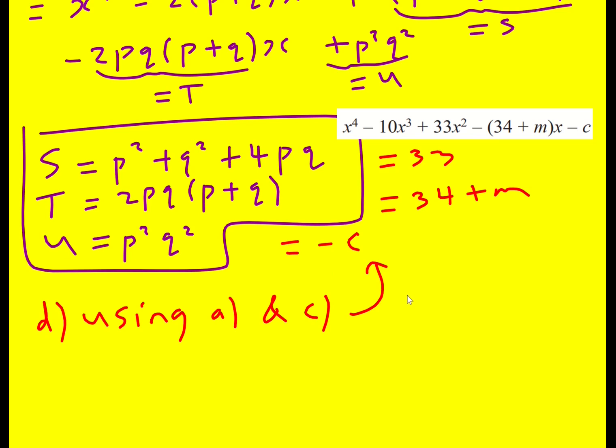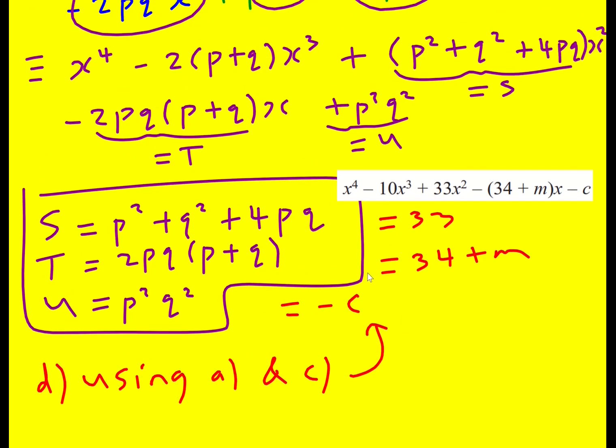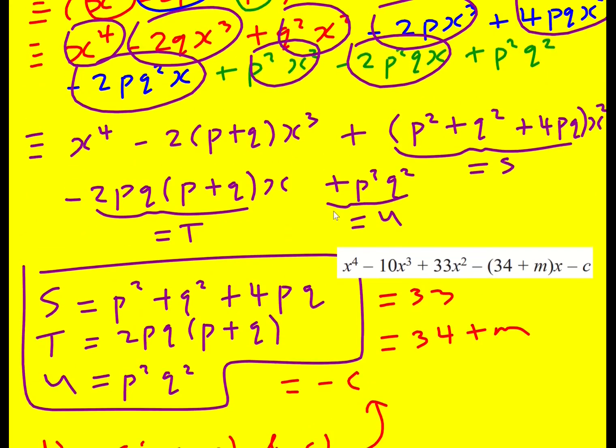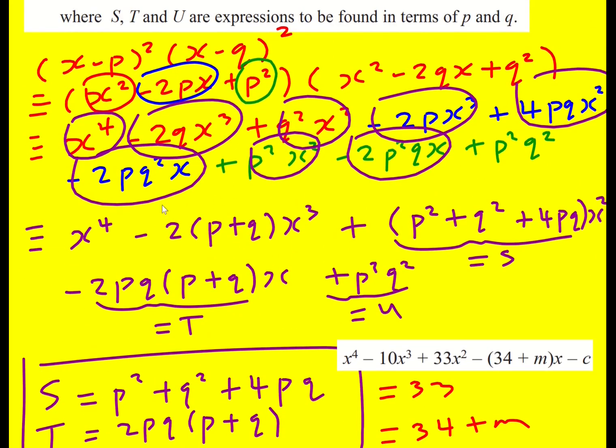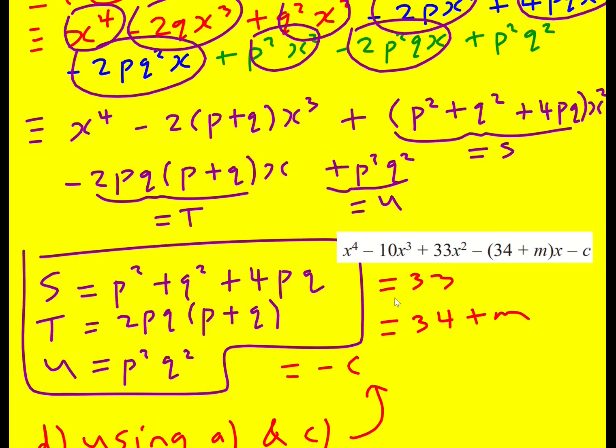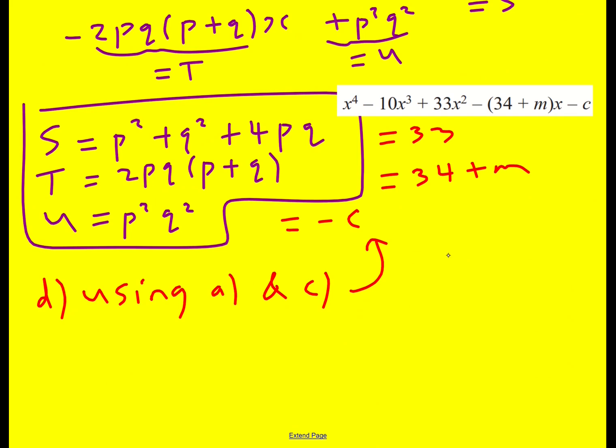And I have something else actually that I've not yet written down. Remember, I've got my x to the 4, but I've also got this coefficient for x cubed. I've got that 2p plus q must equal 10. And that's going to help us with our first result.